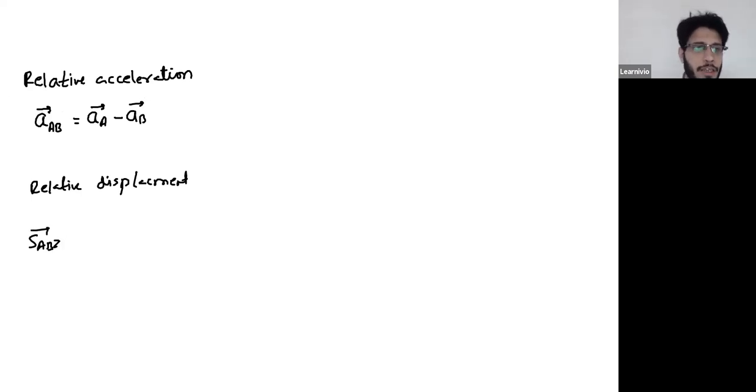Fatma Farhana, can you guess how to calculate this SAB, displacement of A with respect to B? Can you guess the formula of SAB if AAB is AA minus AB? If acceleration of A with respect to B is acceleration of A minus acceleration of B, then what should be displacement of A with respect to B?